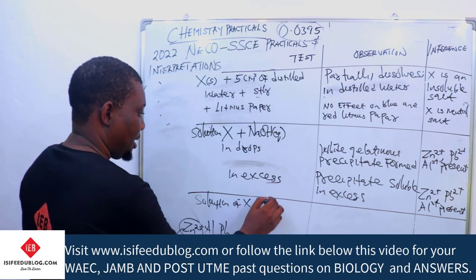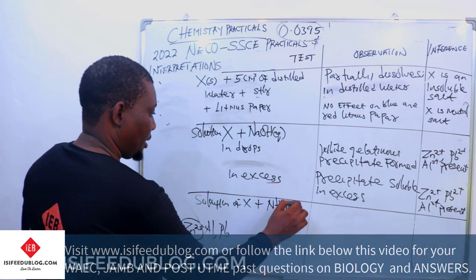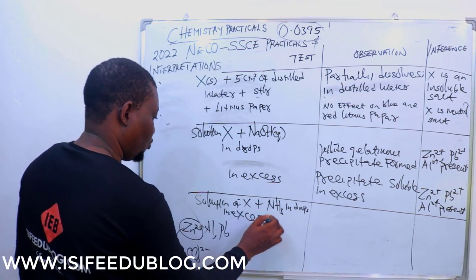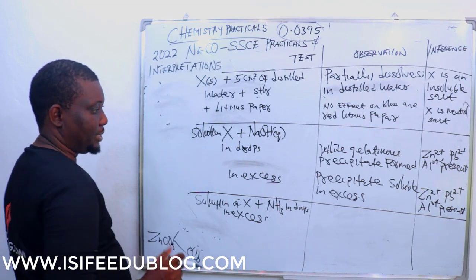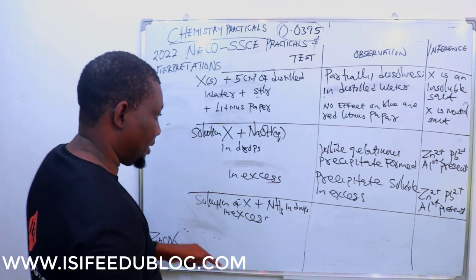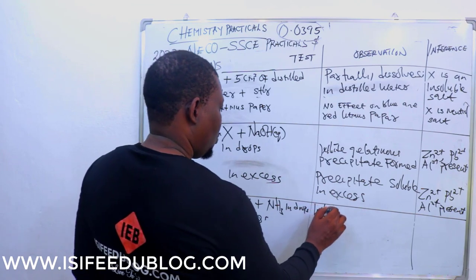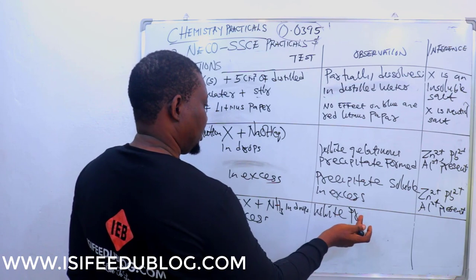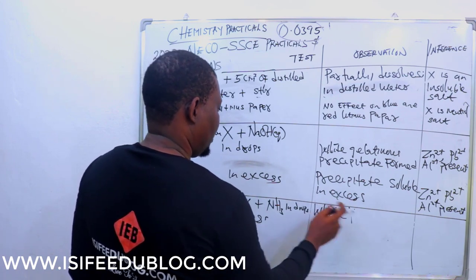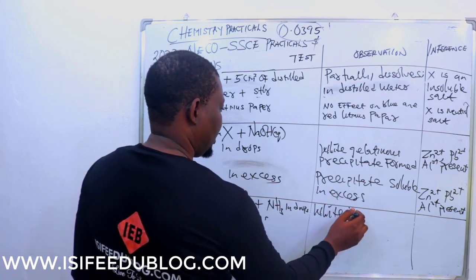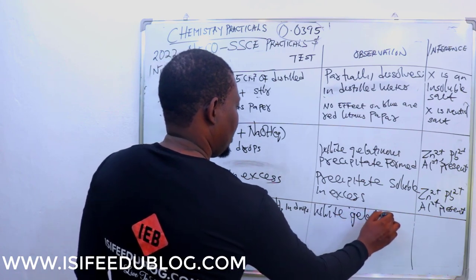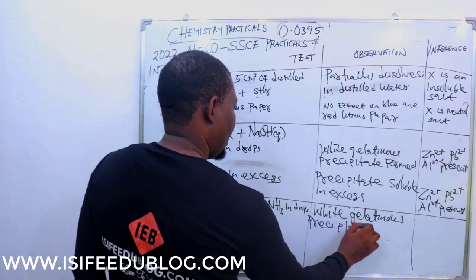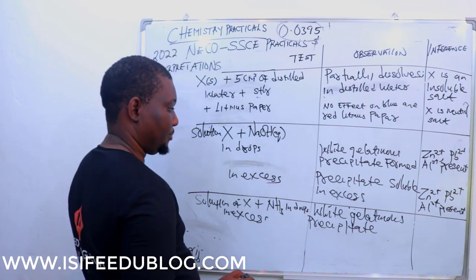This one plus NH3 in drops, then in excess. What happens in drops? What happens in excess? So in drops now, you're still going to have white precipitate. I don't think it's going to be gelatinous. Yeah, it's okay, it's going to be white gelatinous precipitate.